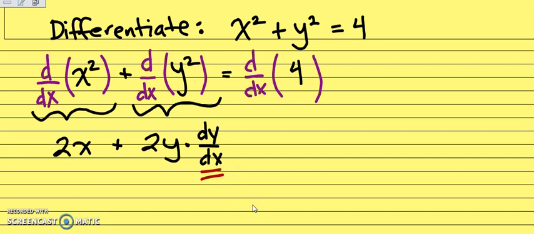Okay, so now we're setting it equal to this derivative of 4 with respect to x. Well, 4 is a constant, so that'll just be 0. So we have 2x plus 2y times dy dx equals 0. So let's solve for dy dx.